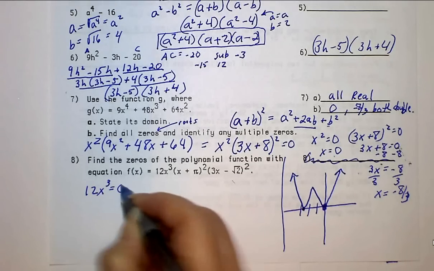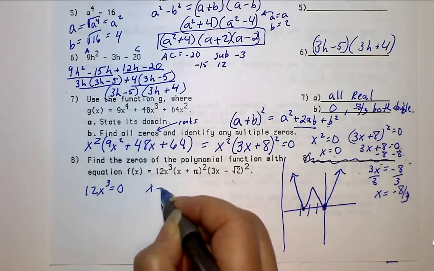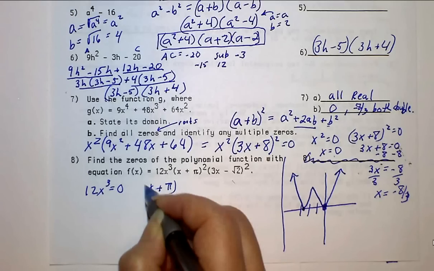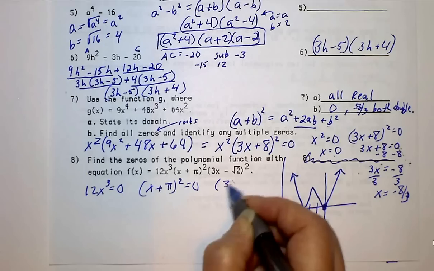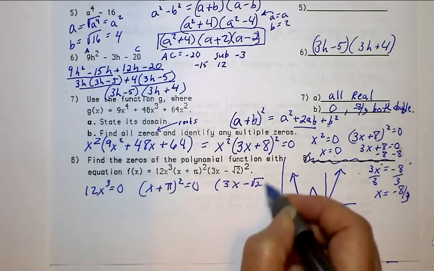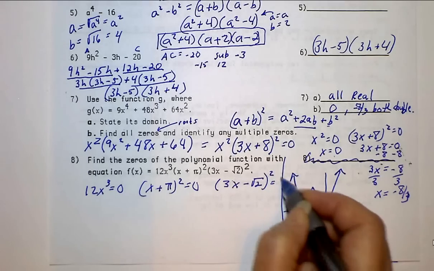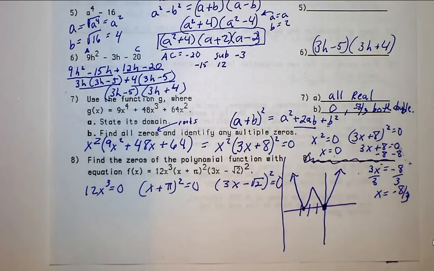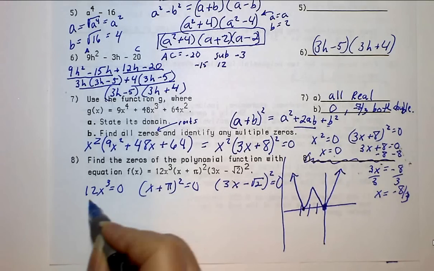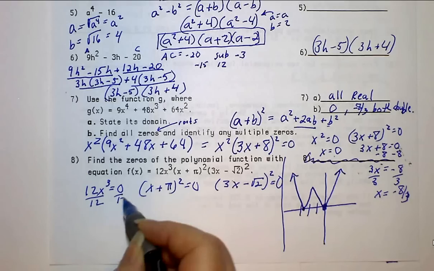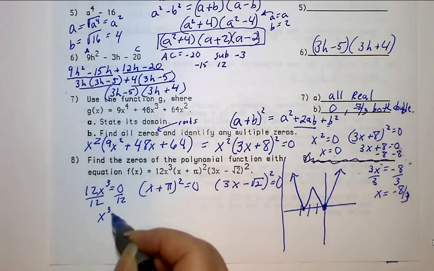(X plus pi) squared is equal to 0. And (3x minus square root of 2) squared is equal to 0. And solve each one out. This one, divide by 12. So I have x cubed is equal to 0, so x is equal to 0.